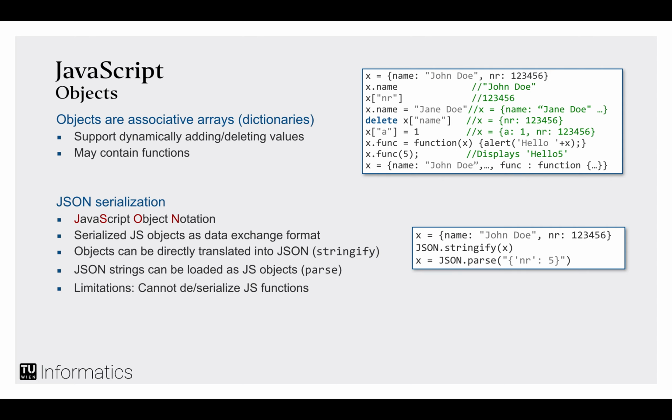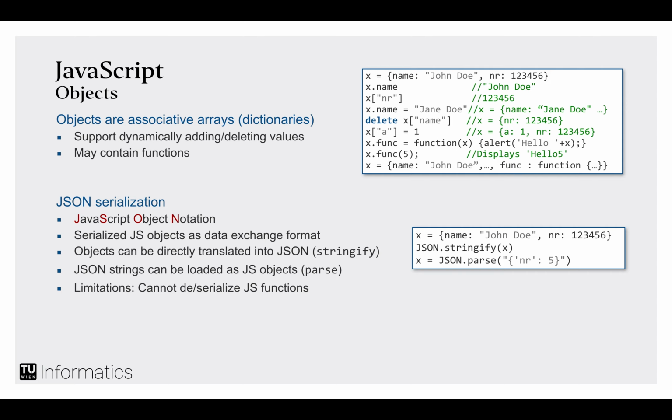Because values in JavaScript can be functions, the key in an object can point to a function. So if you see on the right side here, I can say x.func equals, and then I can provide a function that does certain things. And if you look at the example on the right, it might look familiar because JSON, something that you have definitely heard before, and you've seen in the course of this lecture series also, stands for JavaScript Object Notation.